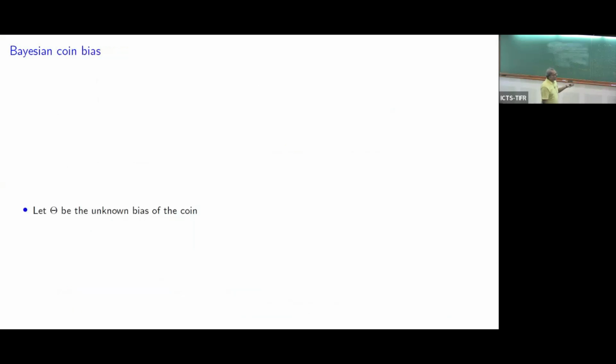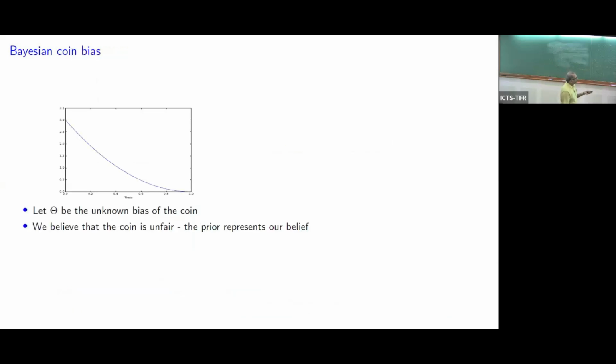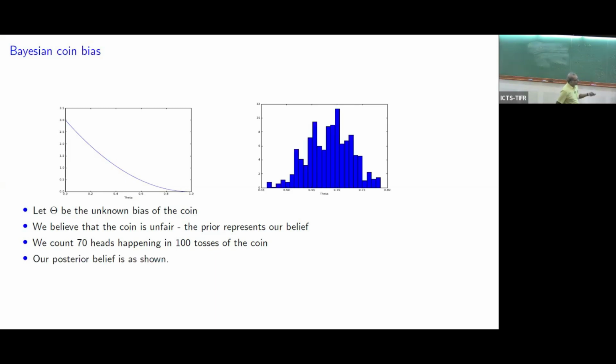And if you look at that other problem, the Bayesian coin bias problem, we are looking at 100 coin tosses. So this is the prior that I have on the bias when I start. And as we get data, we revise our prior into a posterior, which looks like this.